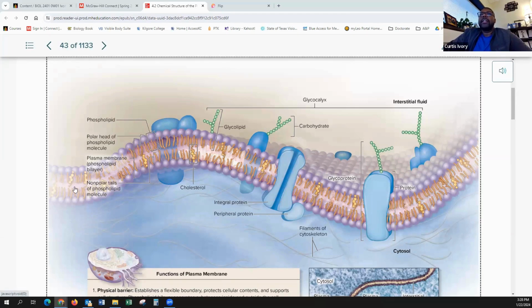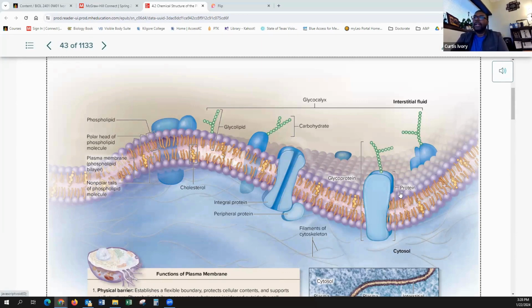Even though we're seeing this as a picture, these phospholipids are actually moving. It's frozen here in a wave pattern, but they're actually moving up and down. So it's very, very flexible. And this cholesterol is good and keeps it flexible, especially in the wintertime.